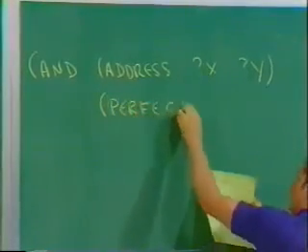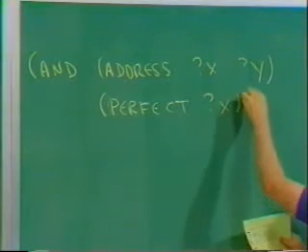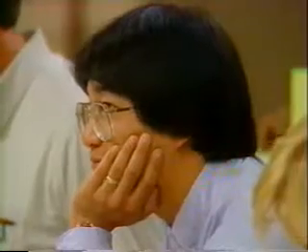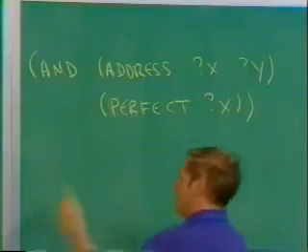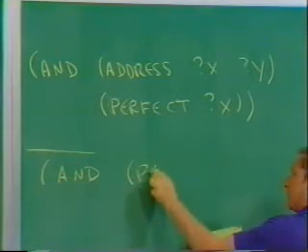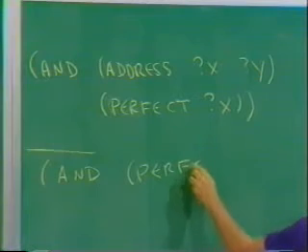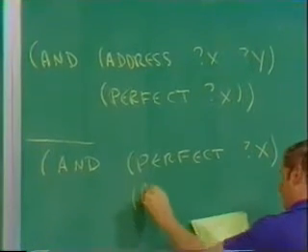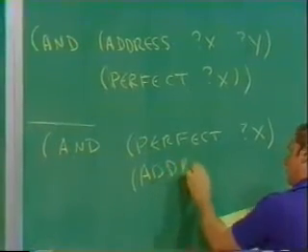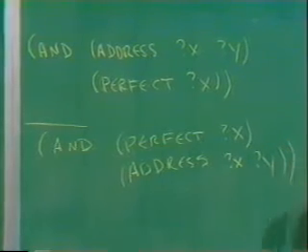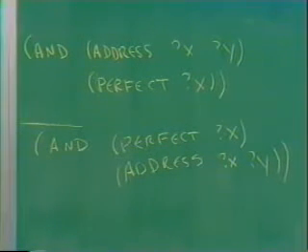Okay, so what we're generating here is the world's most exclusive mailing list. For the address of all the perfect beings. We might have typed this in, or we might type in this. We'll say, and perfect of X, and the address of X is Y. Well, suppose we type all that in, and we try this query.